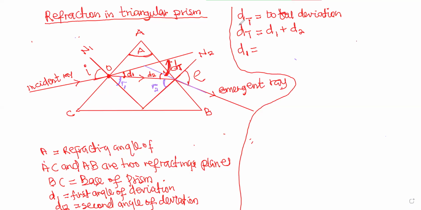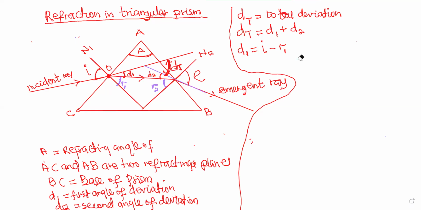Not from here, but from the first refracting plane AC, because of the vertically opposite angle reason, you could see that I is equal to R1 plus D1. Therefore, we can say that D1 is I minus R1. Class, are we okay? All right. Morris, I hope your line is stable now.